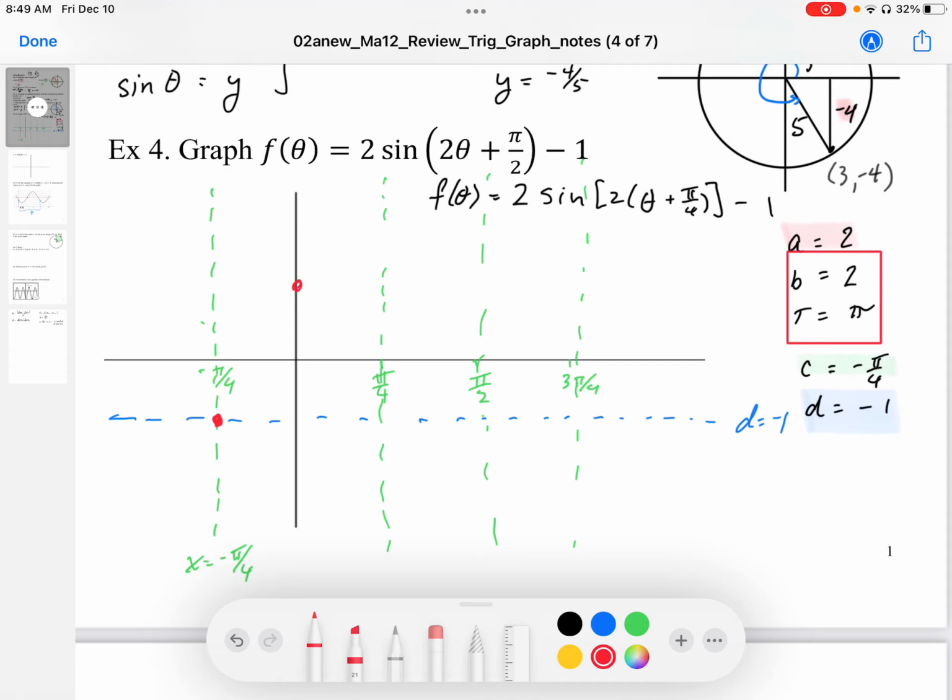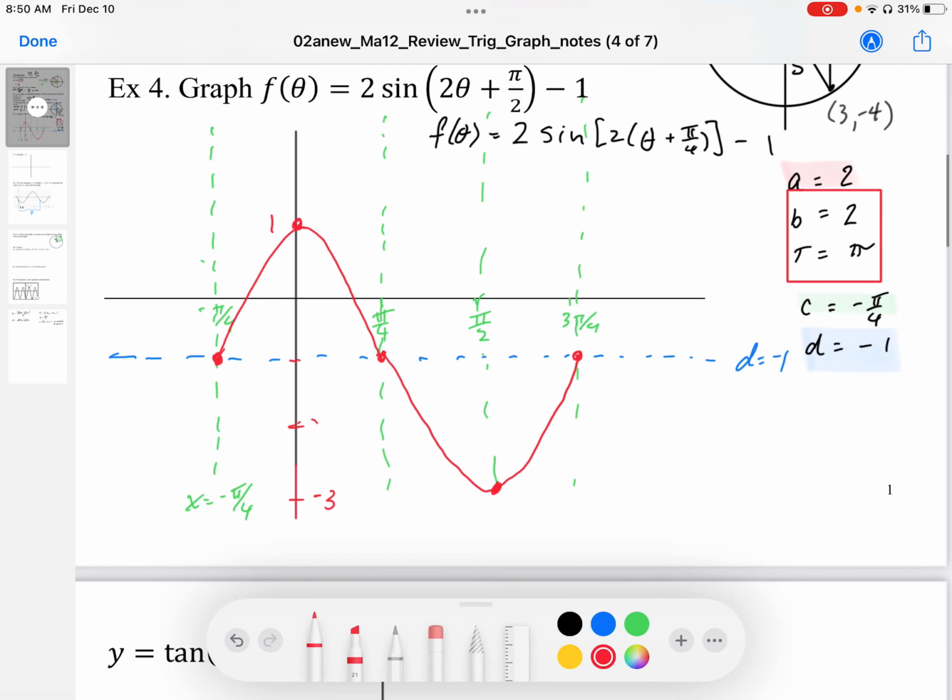I'm going to go up to positive 1, so plus 2, back down to 0, negative 3 is down here, extend that, so I'm going to go down to negative 3 and back up to 0, and I've now located the vertices and the middle points of my sine function, so I'm going to just sketch that in the best I can, and I'm going to use this 4-part symmetry to draw in the 4 quadrants. So there it is. There's my graph.